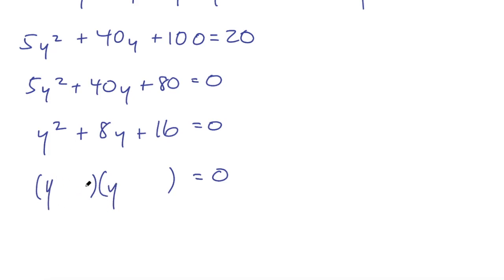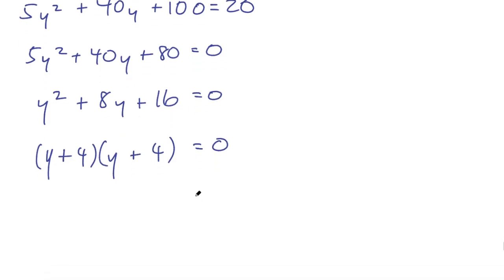That could be 4. So if I've got plus 4 in here and plus 4 in here, that will give me 8y. And multiplied together, that will give me 16. And so this tells me that there's only one possible value for y here. If this all equals 0, then y must equal minus 4. There's no other possible value for y that will satisfy that equation.